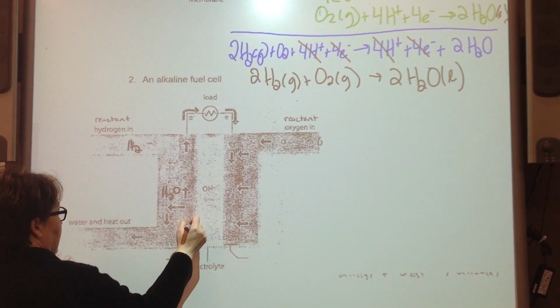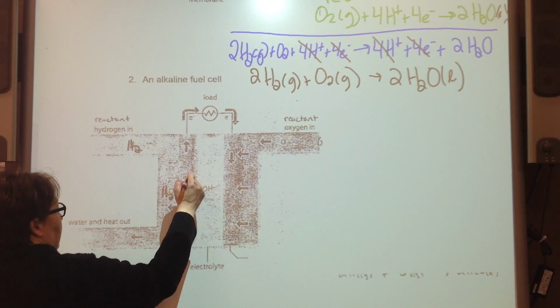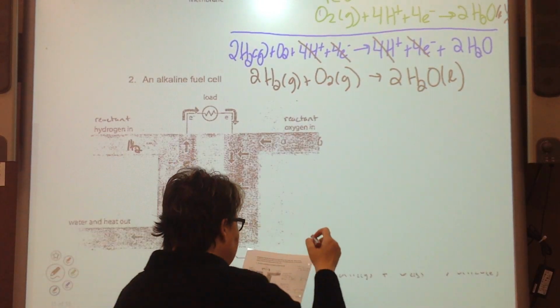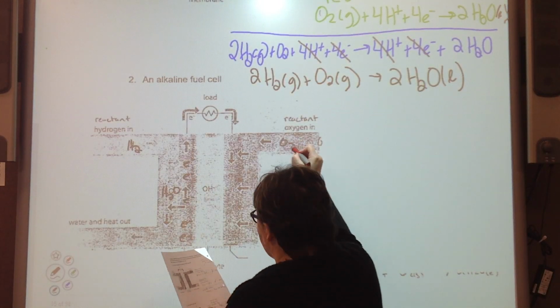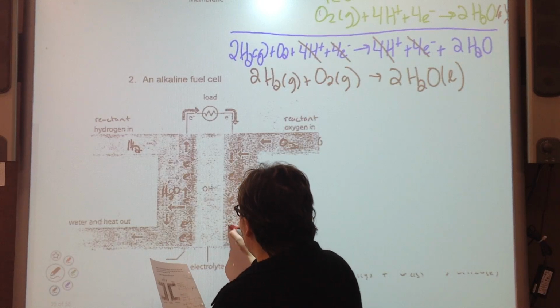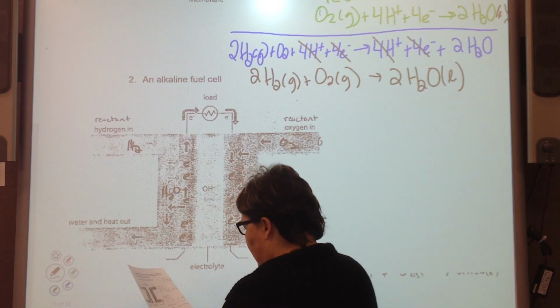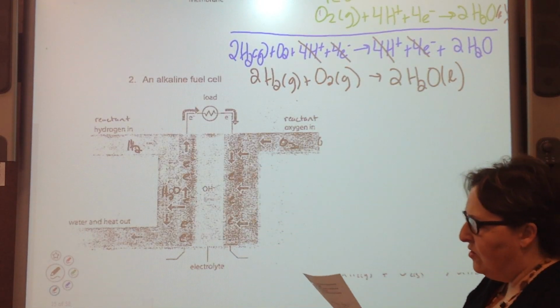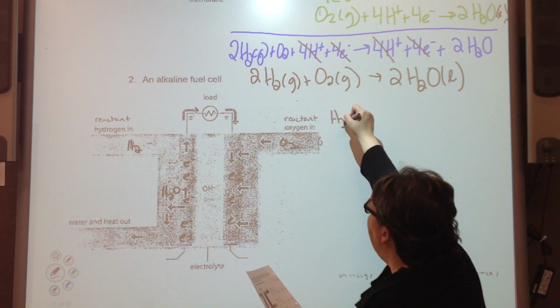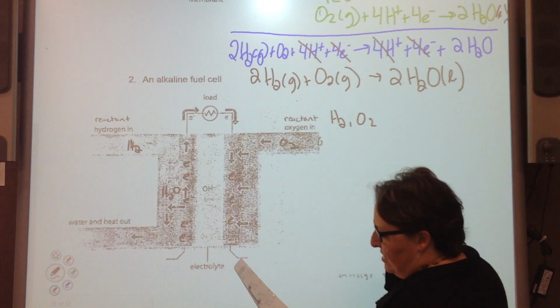And we have electrons. And on this side we have oxygen. These are electrons. Oh, writing in black on black's not the best. Okay, so what are my species again? Hydrogen, and oxygen.